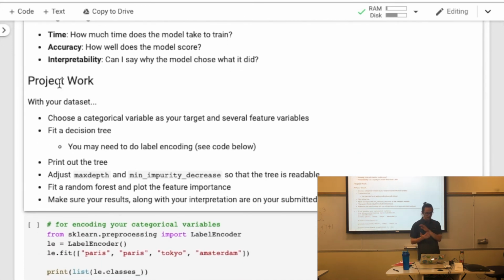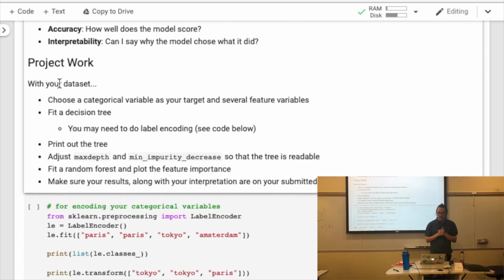All right, we're going to go to project work straight away. For project work, you're going to use your data set and choose a categorical variable as your target, and you'll choose a few feature variables. If you don't have a categorical variable at all in your data set, I'm not sure, oh, y'all don't.